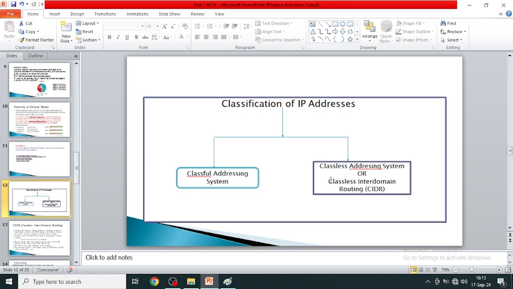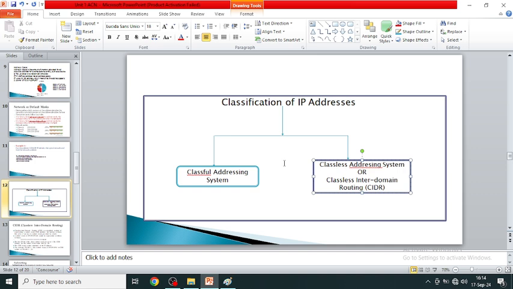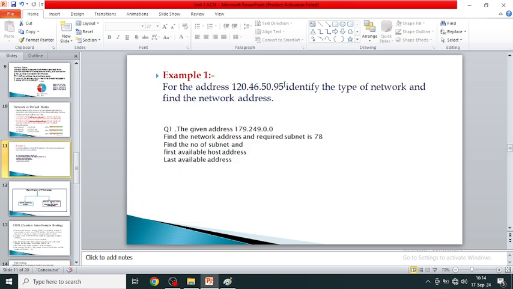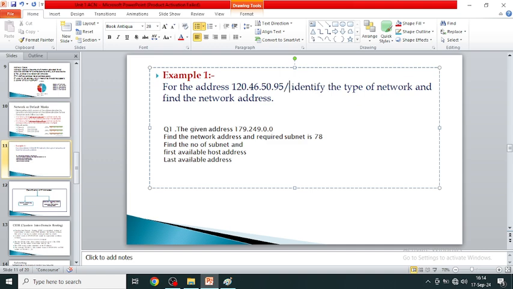Now concentrate on the classless addressing system, or you can call it CIDR, classless interdomain routing. It is also an IP address only. While writing the IP address, they simply add a slash with some number, specifying it like this.